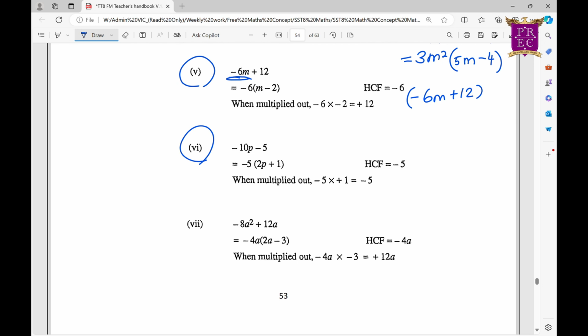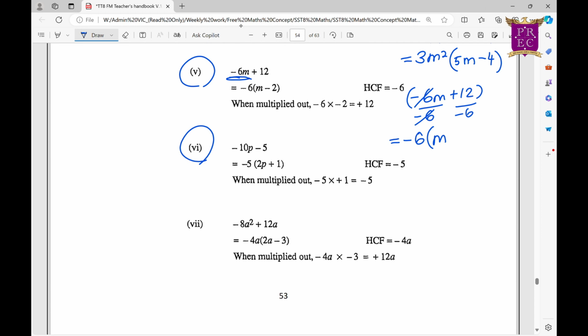And if I divide the two terms by negative 6, so negative 6 is outside the bracket, and then you write a bracket. So negative 6m divided by negative 6, those can be cancelled out to just give me positive m. And because the negative symbols are also cancelled out.